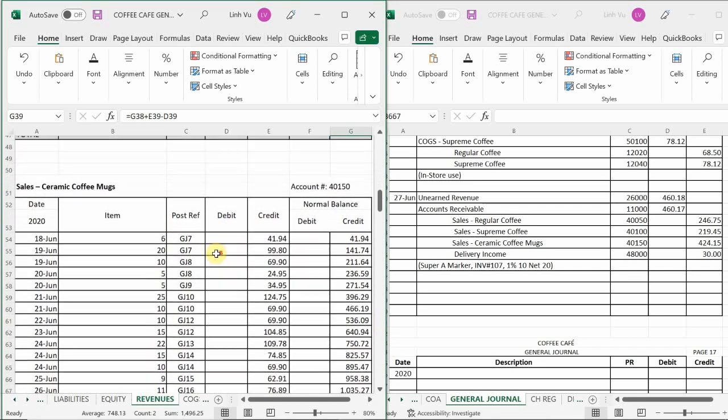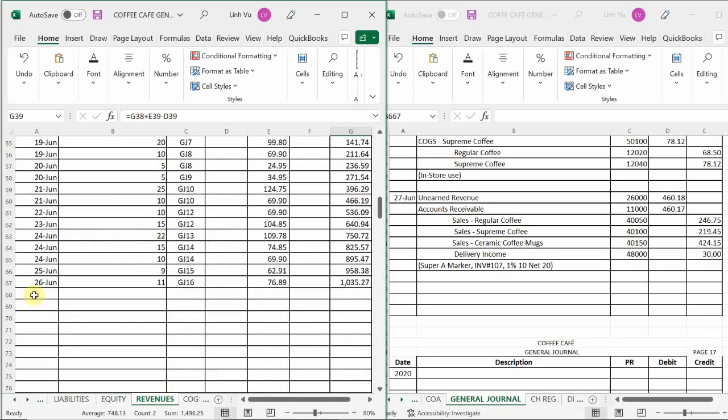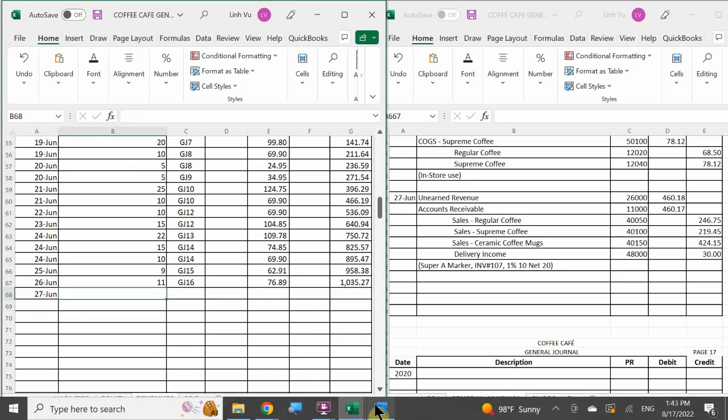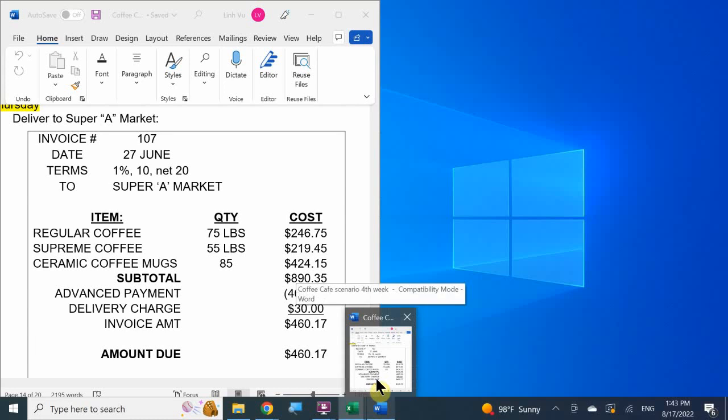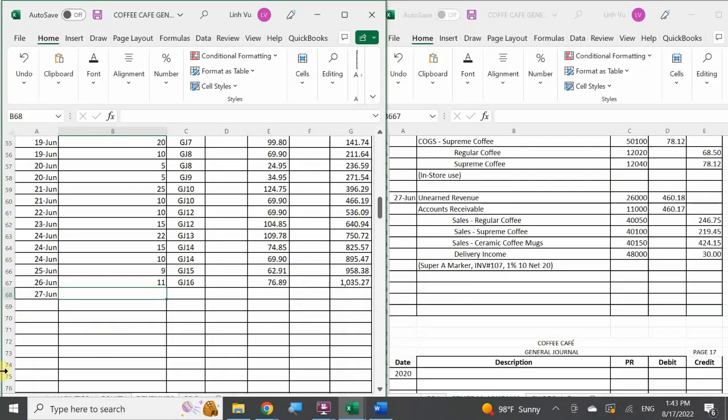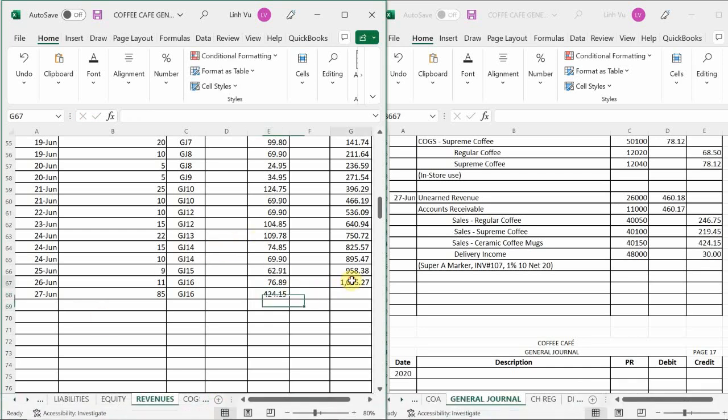And sales ceramic mugs. We sold, and my mind just went blank. I saw that, but 85. I thought, man, that's a lot of ceramic mugs. There's no way that's the right number. Okay, so 16. And the total there is 424.15. About 14.50.